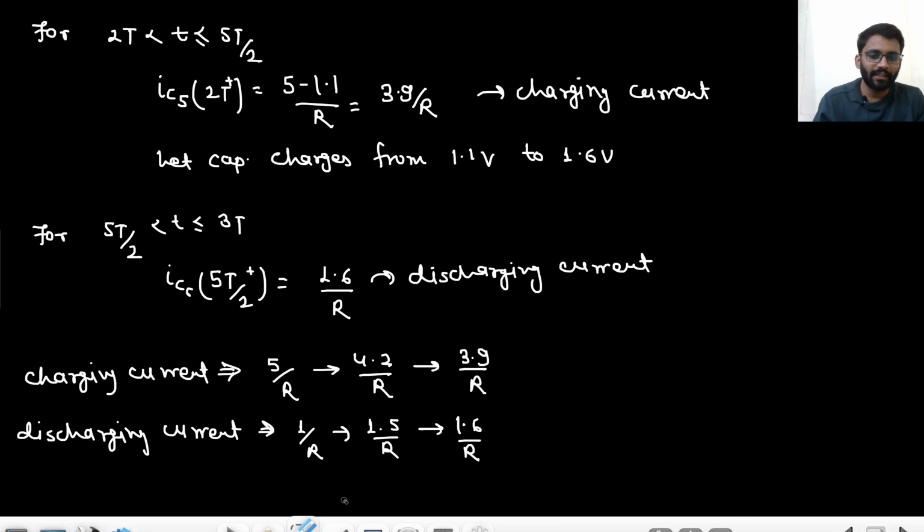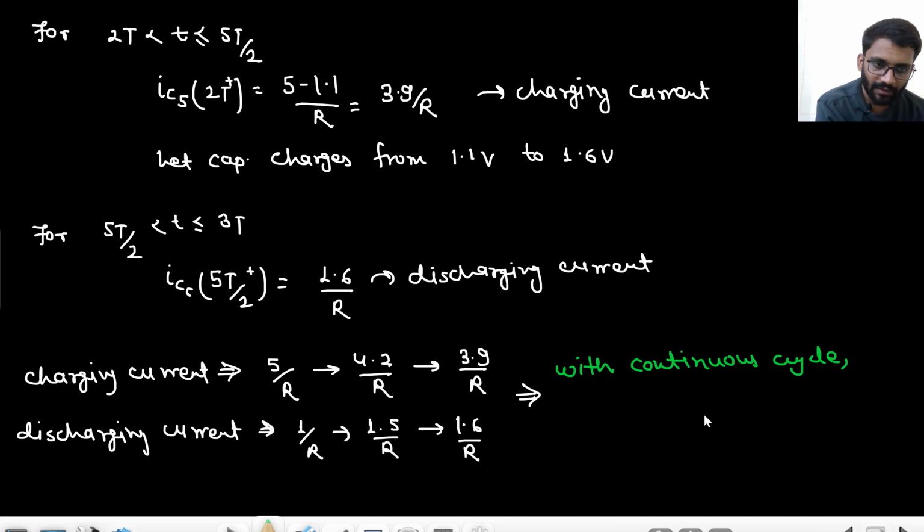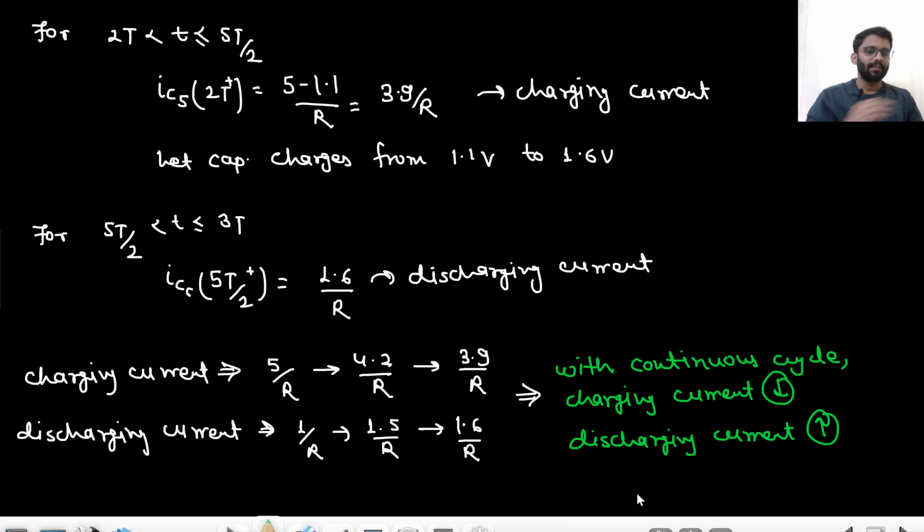So with the continuous cycle, the charging current is getting reduced and the discharging current is increasing, right?